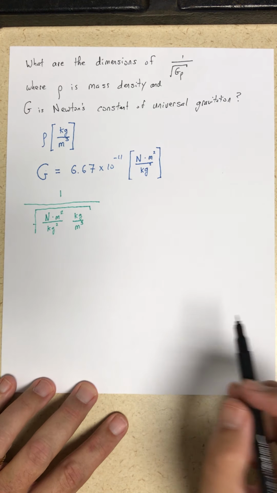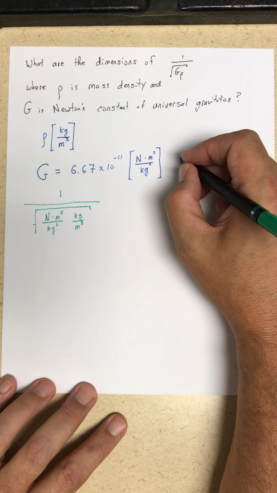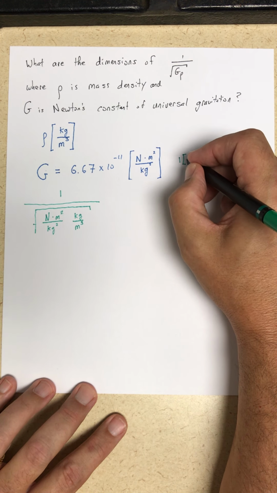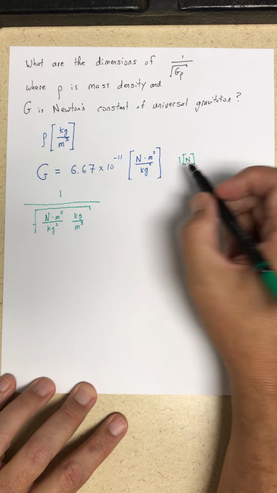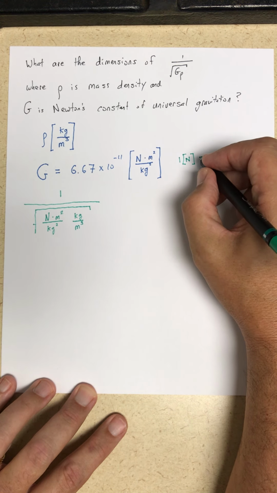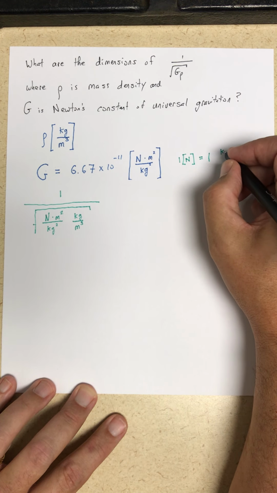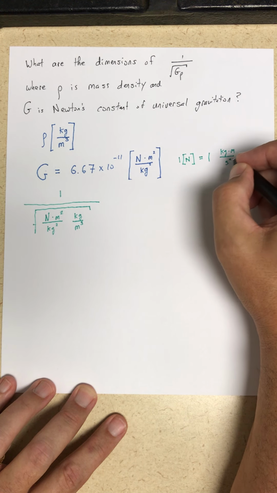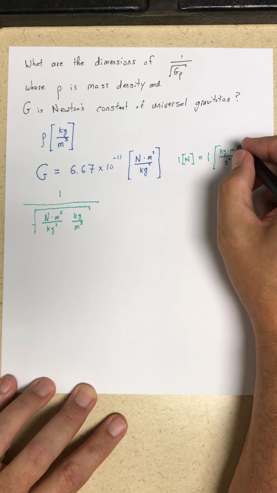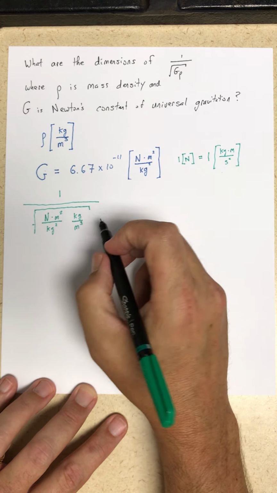Now, everything is in terms of base units except for newtons, so I need an additional piece of information. I need to know that 1 newton, which is our unit for measuring force, is actually a composite unit in base units: 1 newton is 1 kilogram meter per second squared. So I'm just going to substitute that in.